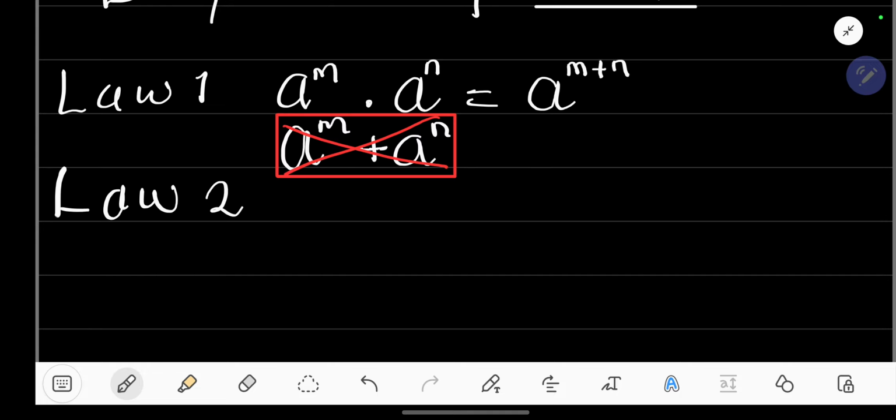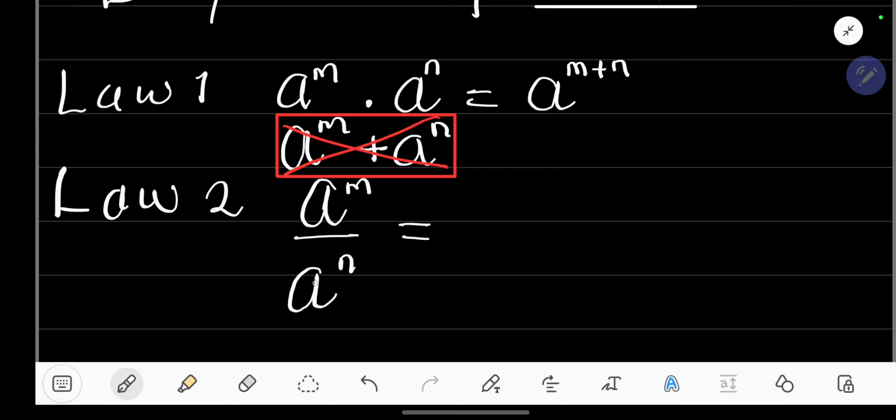Law number two is when you divide the powers of the same bases. If we were to say a exponent m divided by a exponent n, whenever you are dividing the powers of the same base, you subtract the exponents.